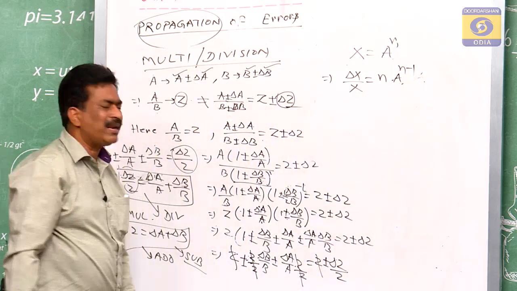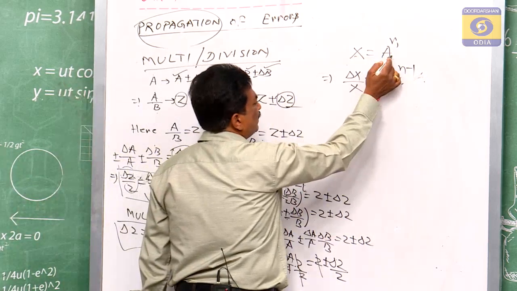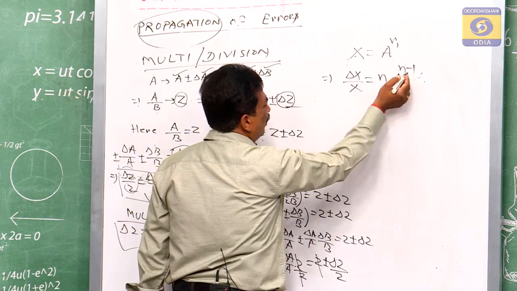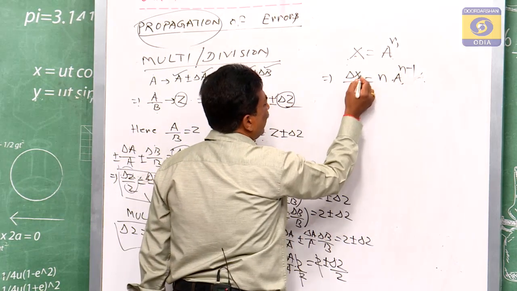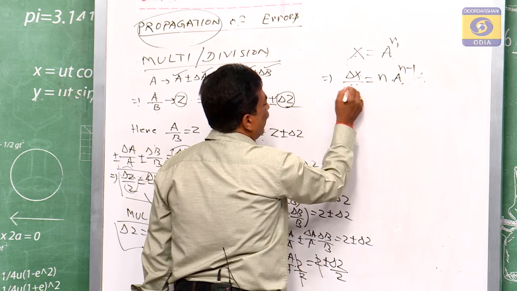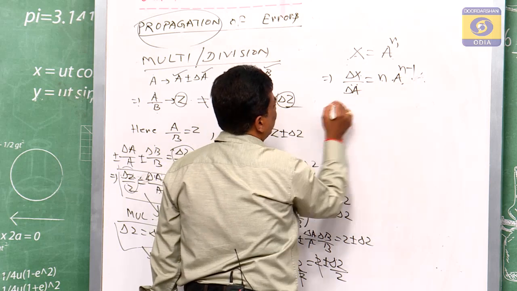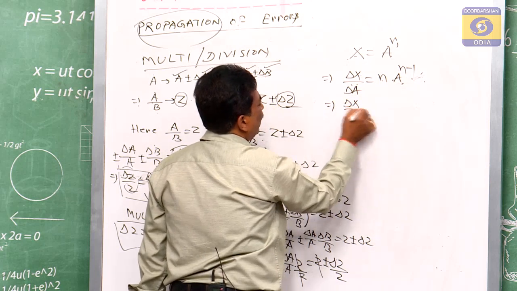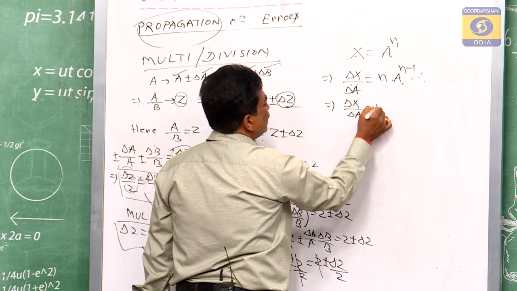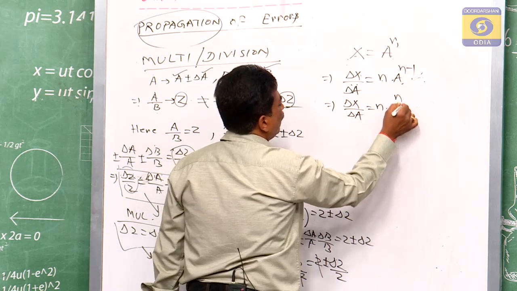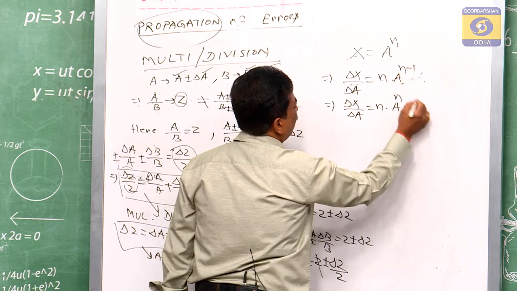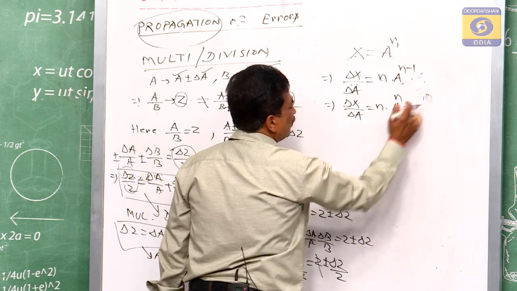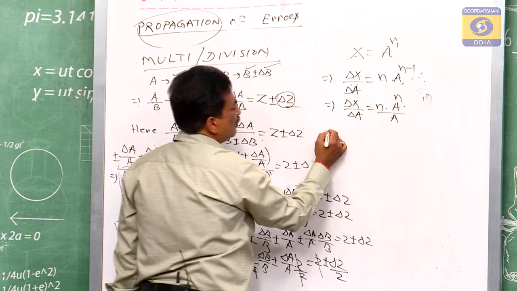This is the derivative form. If x is equal to a to the power of n, and if you make a small change on both sides, then del x by del a will be n into a to the power of n minus 1.